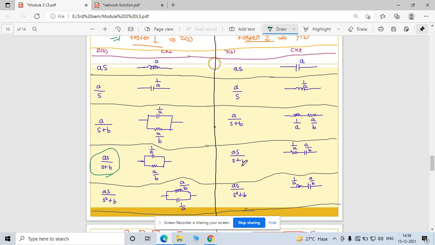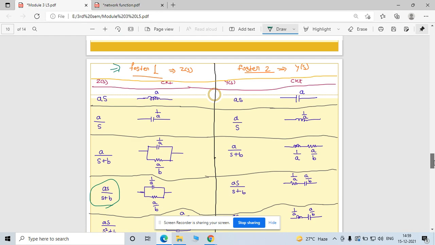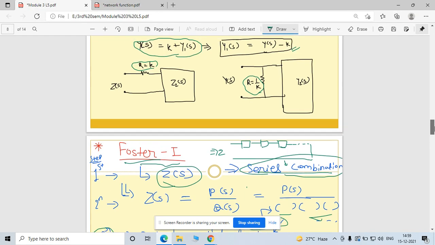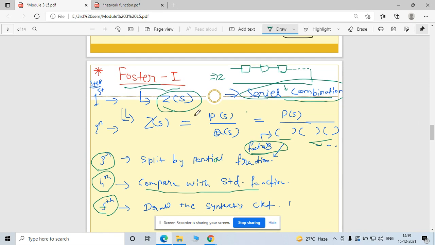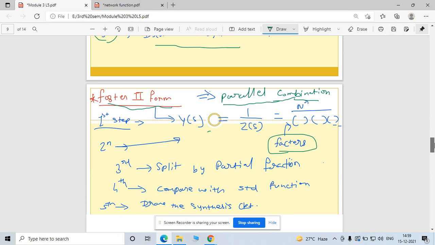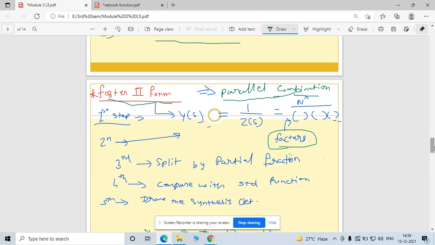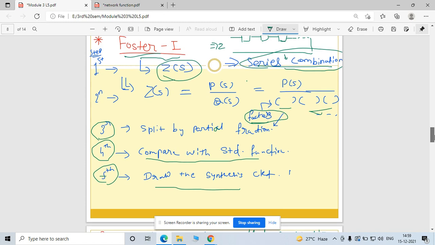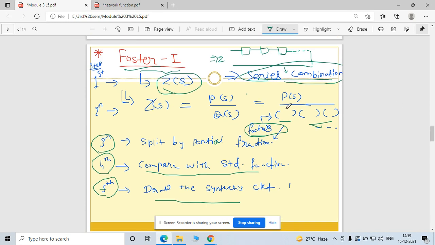Okay, so this is the Foster 1 and Foster 2 format, right? Foster 1 is nothing but your impedance with a series combination, and Foster 2 is your admittance with a parallel combination. When we see the Cauer 1 and Cauer 2 circuits, there is a combination of these two.